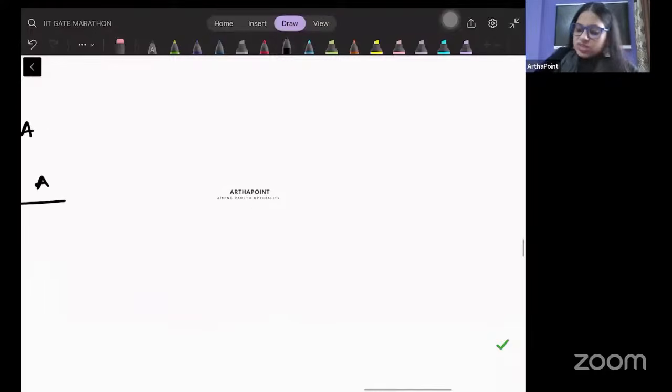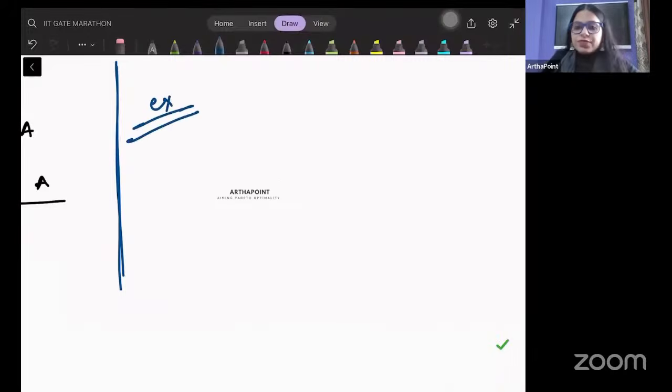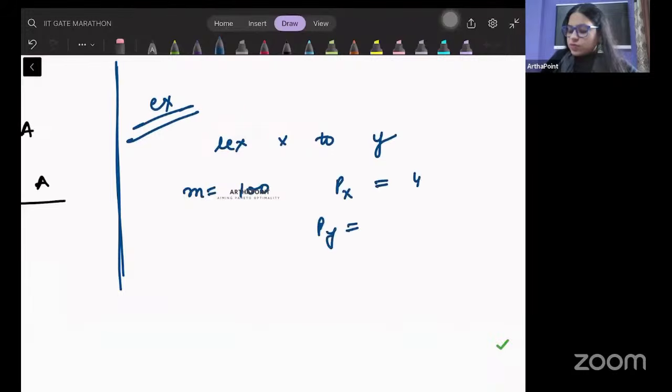Now, suppose in the exam they give you lex x to y and some income level. Income is 100, price of good x is 4, price of good y is 5. Or take a lower price, say price of good y is 1, to increase some confusion.